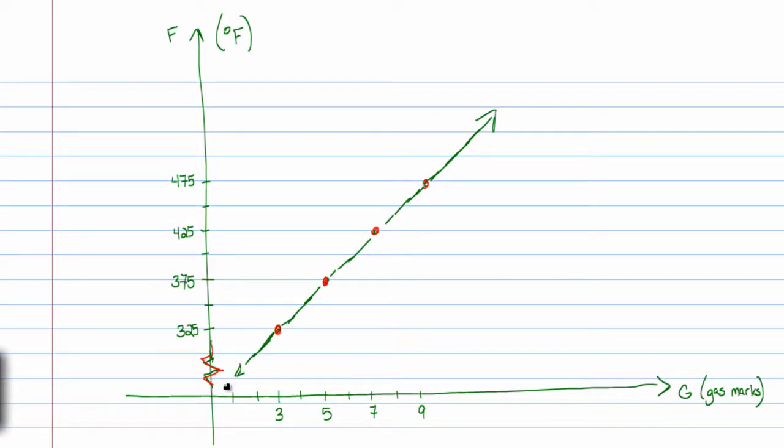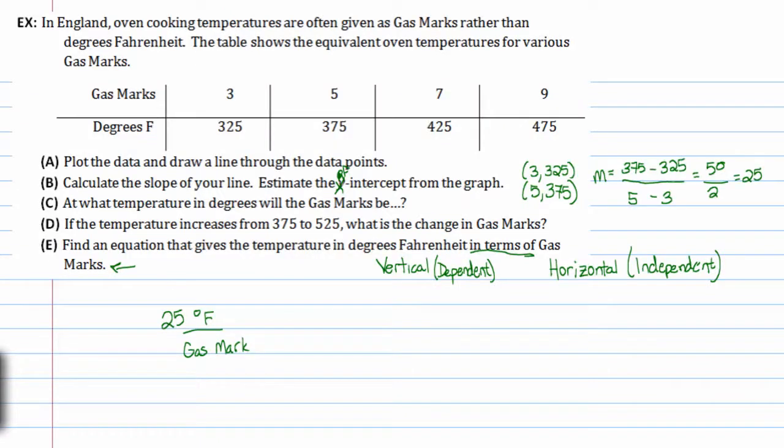It looks like it'll just hit right here at 0, 0. But it's not true because remember, I broke this y-axis. So in reality, it's probably better to compute the vertical intercept than it is to just guess it. So we'll write an equation for this and figure out the exact vertical intercept. Now remember, our output variable is degrees Fahrenheit, our input variable is gas marks.